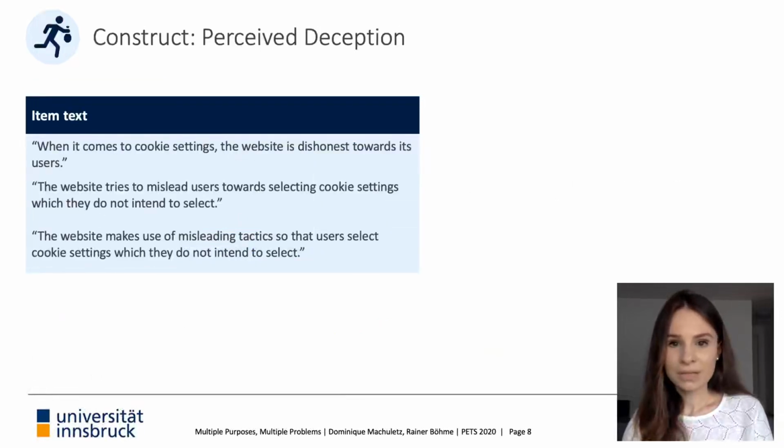One of the 4 constructs which we measured in the exit questionnaire was perceived deception. The item text asked users to state if they think that the website was dishonest about cookie settings, if it tries to mislead the user towards selecting settings they do not intend to, and if the website makes use of misleading tactics.